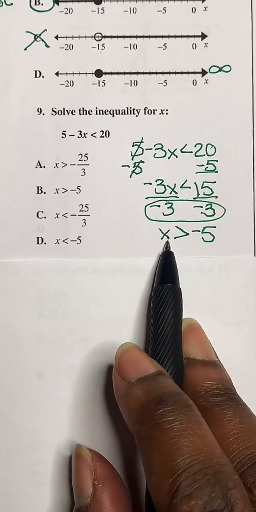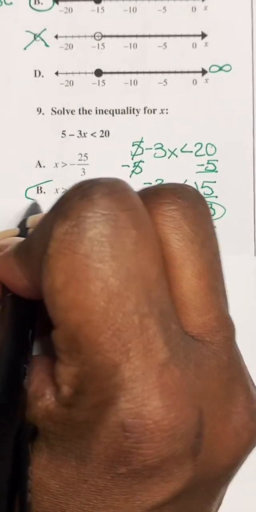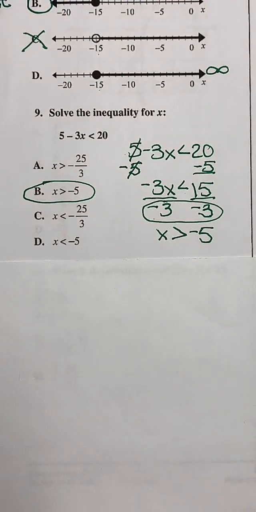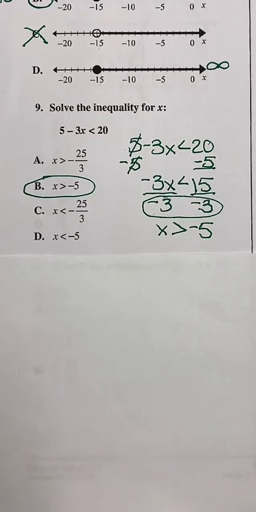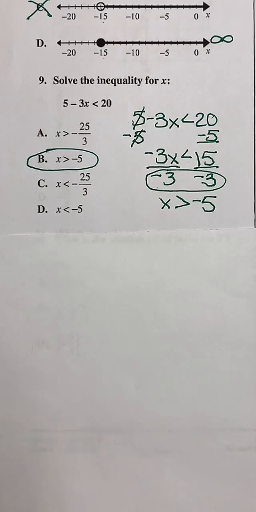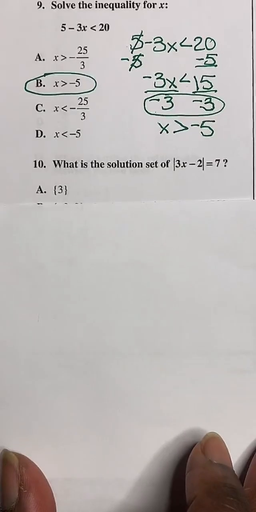So now we have x is greater than negative 5. So that will be B. Yes, we have to flip that sign. Anytime you multiply or divide by a negative, you have to flip the sign.